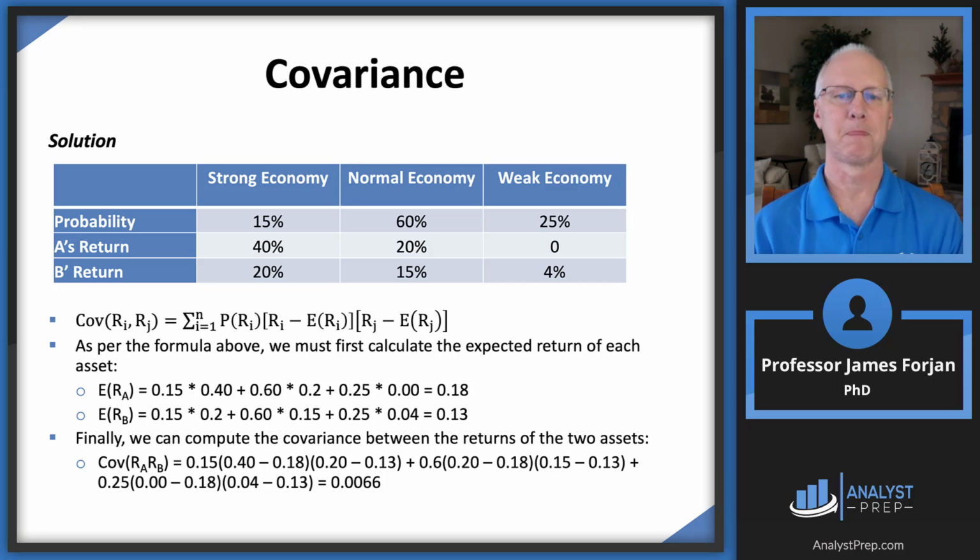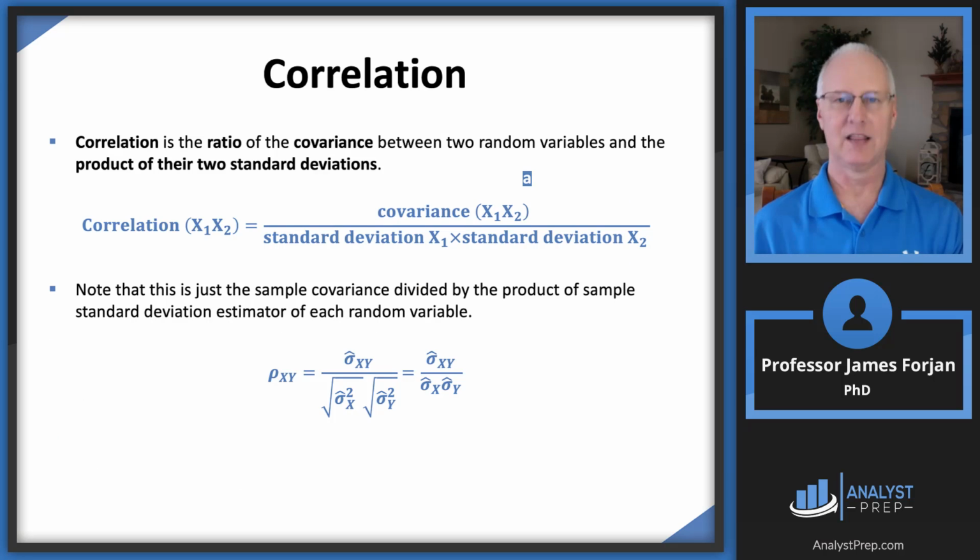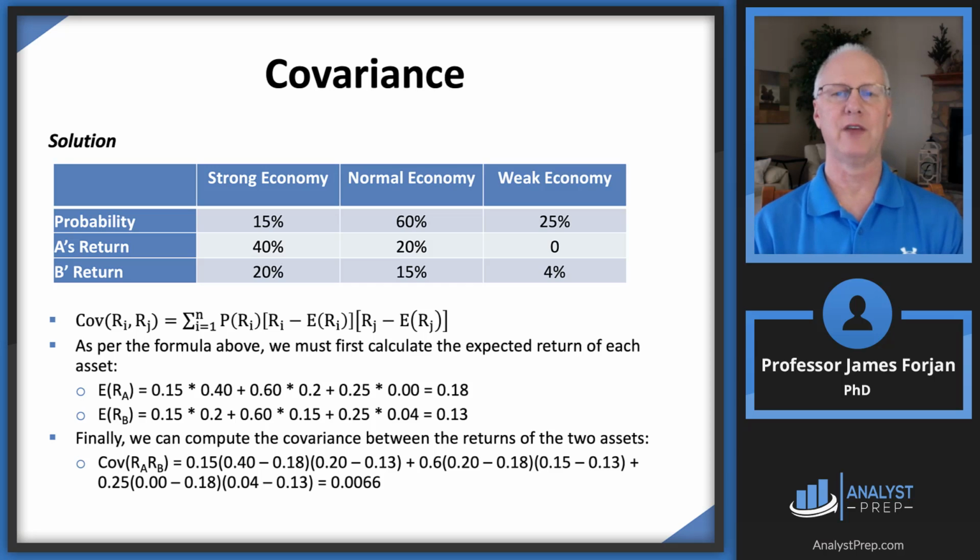And so we get a covariance of 0.0066. Now, here's the fascinating thing about covariance: it can be 0, it can be positive, and it can be negative, but it can be almost any number that is positive or negative. So it's really difficult to determine and interpret what a covariance of 0.0066 truly means from an economic standpoint.